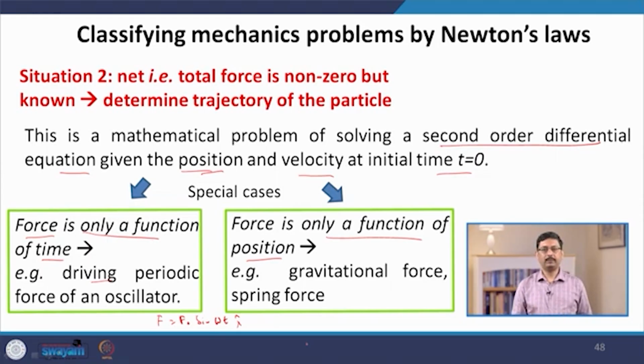Similarly, the spring force is proportional to the extension of the spring, so it depends on the position of the end point of the spring. I mention these two special cases because the mathematical tricks and tools to solve the differential equation are slightly different in them.